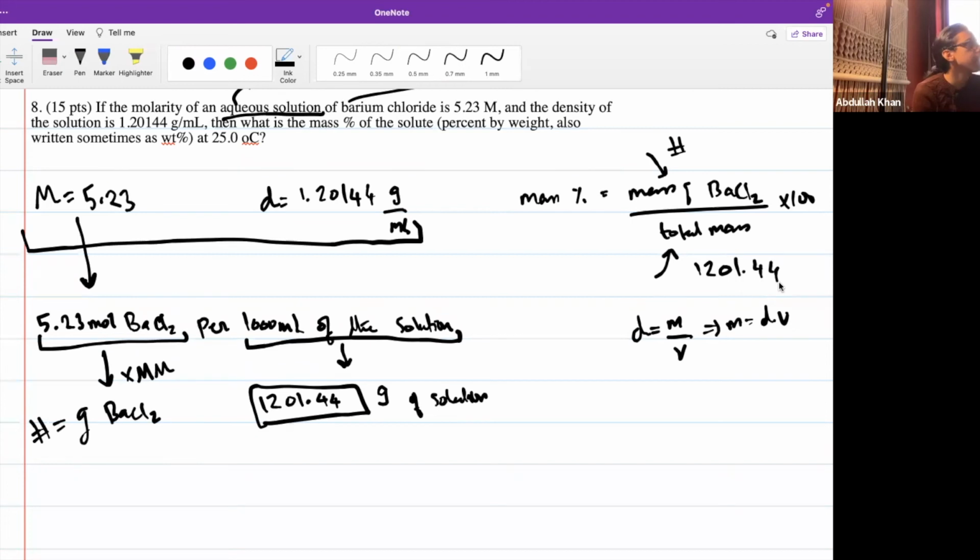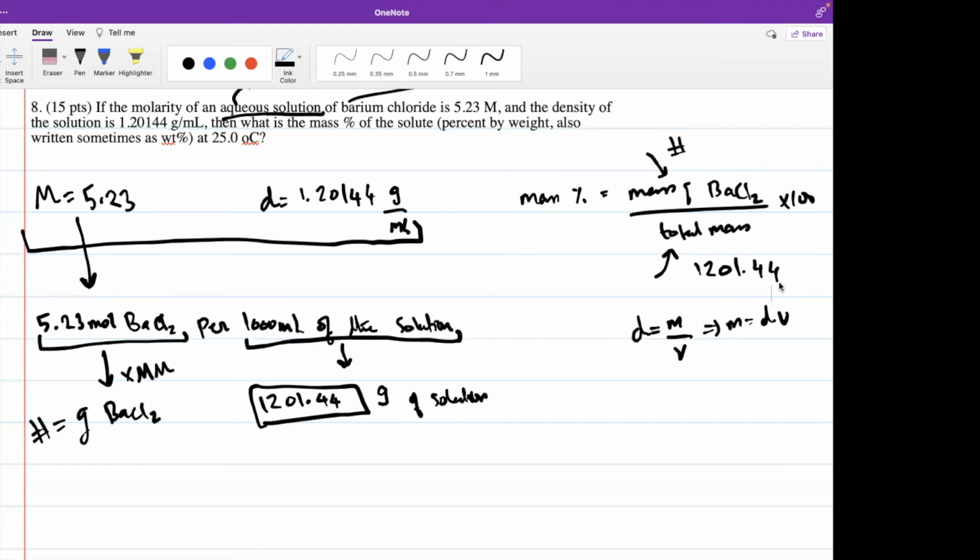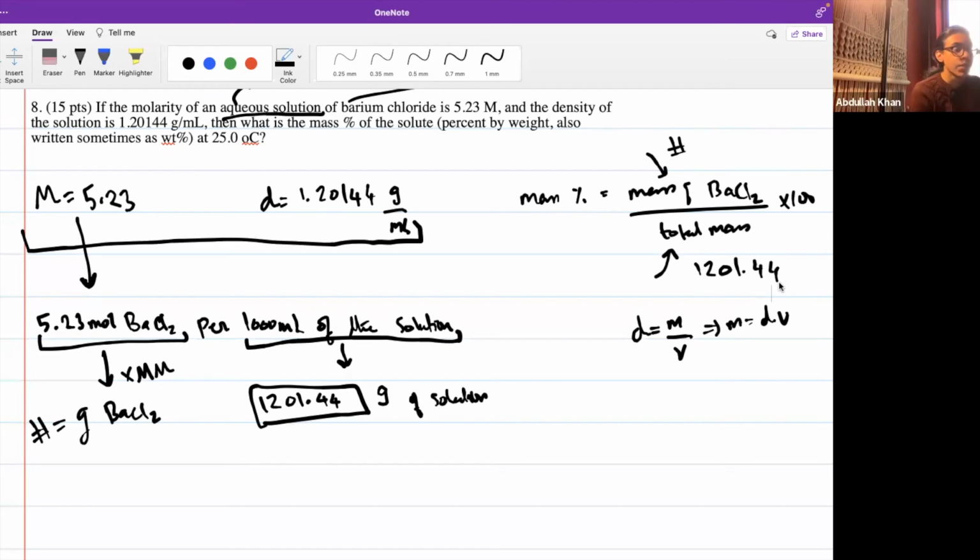How do I find the mass of water in this case? Total mass minus the barium chloride mass. Exactly. So now you can imagine a variation on this question, which is they give you molarity, they give you density, and then they ask you to calculate molality.